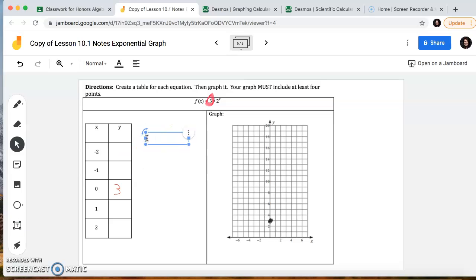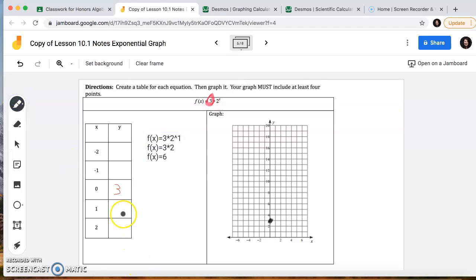So if we have f of x equals 3 times 2, and then if we raise it to the first power, we want to do the exponent first, because PEMDAS tells us we do exponents before we do multiplication. 2 to the first power is just 2, so we're going to have 3 times 2, which is just 6.